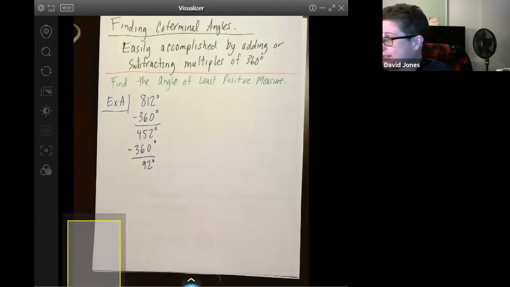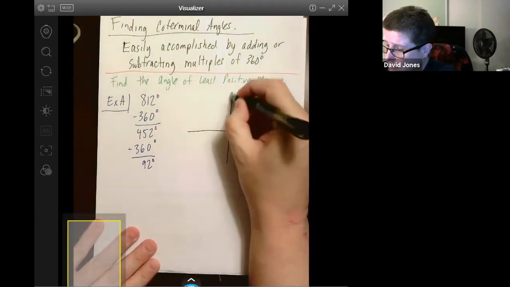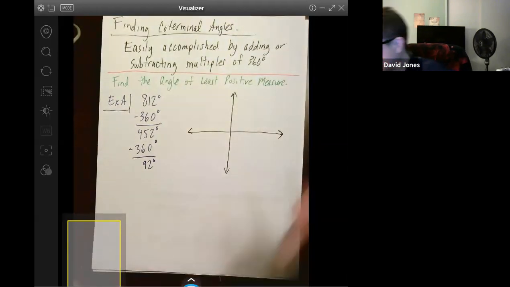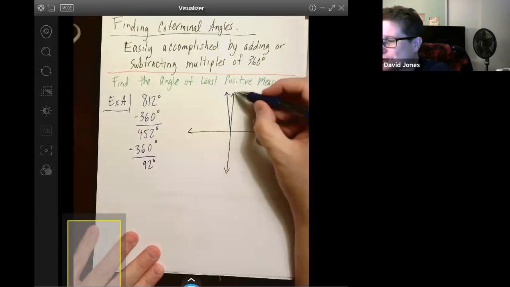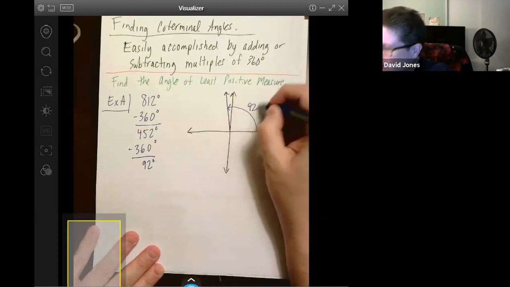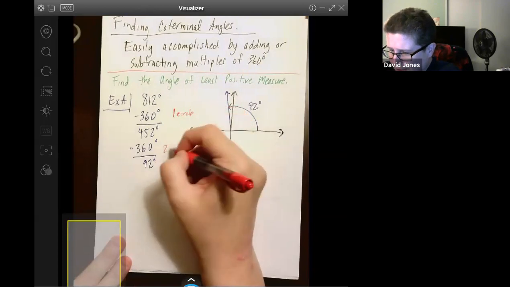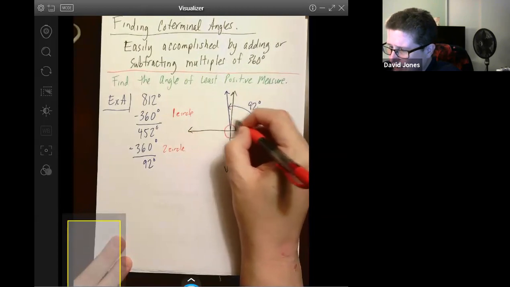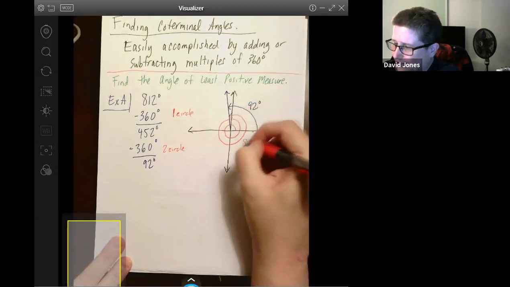But I know where 92 degrees is. This is 90 degrees, so just past it, probably even closer to the y-axis than I drew. That's 92 degrees, which is the same thing as going around once, going around again, and then stopping there. That's 812 degrees.